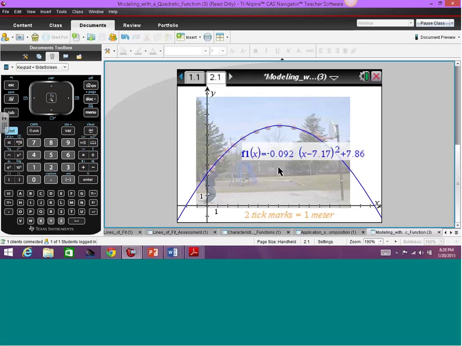What I really like about this is it's in vertex form. How often do we graph a parabola on a calculator and see the equation in vertex form? Now that we're talking about things like completing the square, it really becomes crucial that they're comfortable with this format. Matt, what do you think? Oh, absolutely.